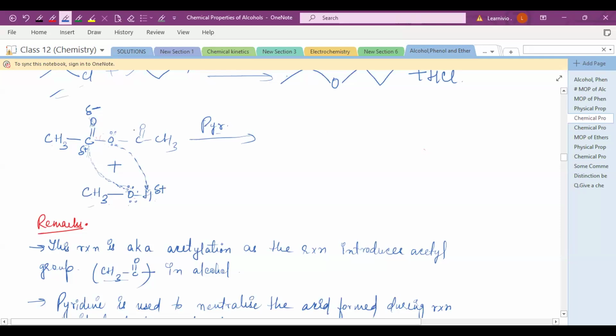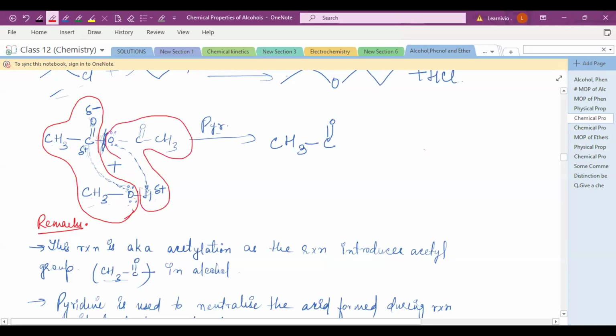So what happens? You have to break this bond from here, and two compounds are formed. This bond will break, and these two compounds are formed. This compound will be formed, and this hydrogen goes with this one.